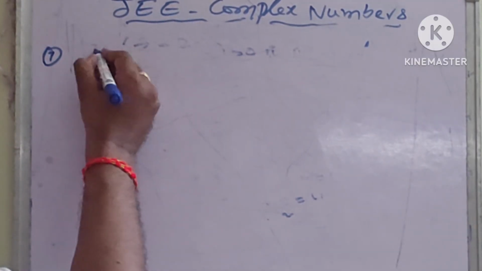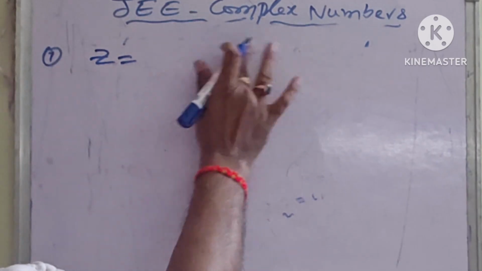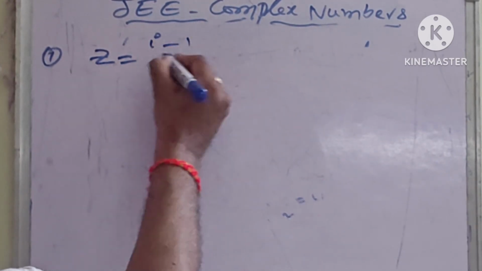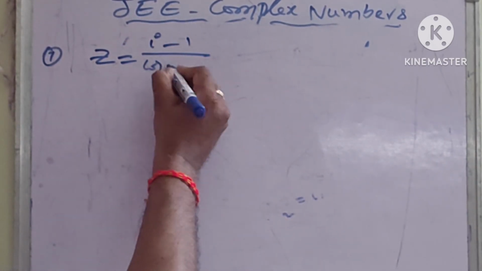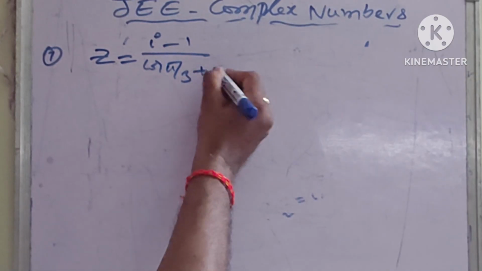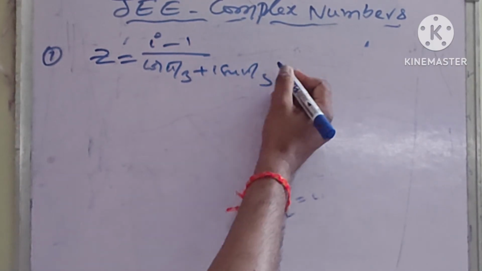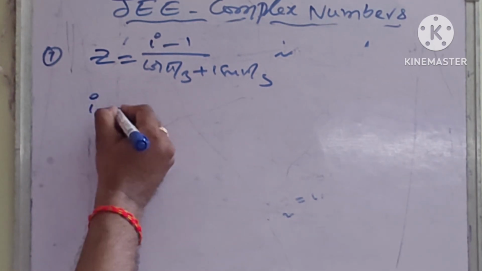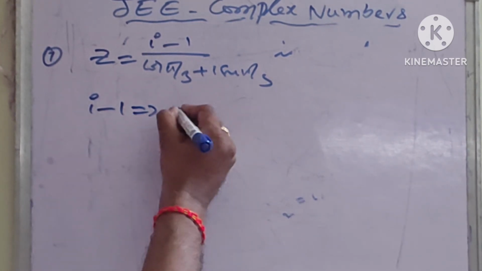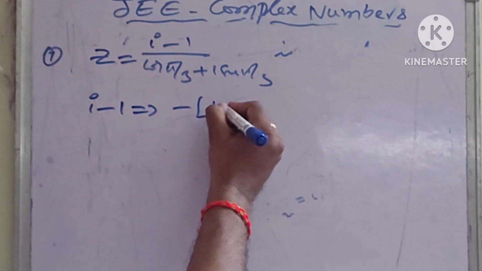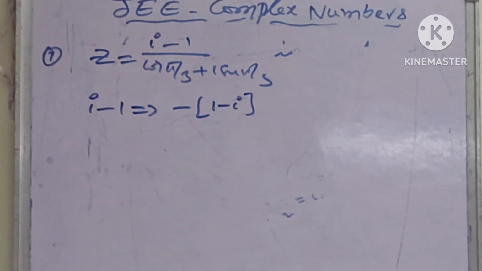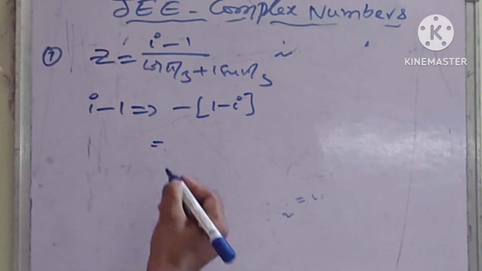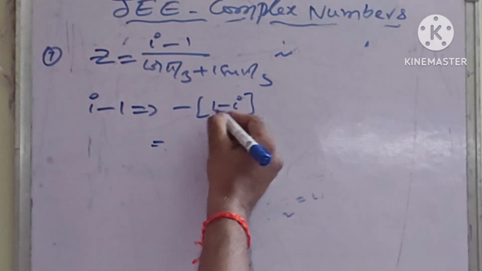If z is the complex number, z is equal to i minus 1 by cos pi by 3 plus i sin pi by 3. Now here, numerator i minus 1 is equal to minus of 1 minus i. So what is the polar form?